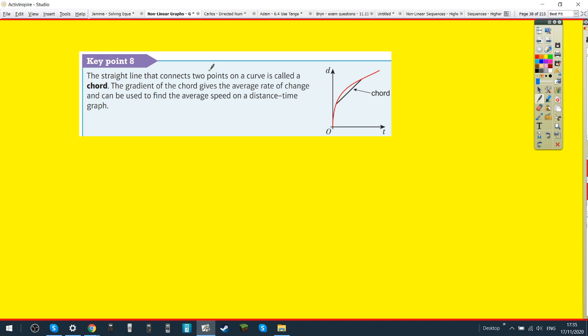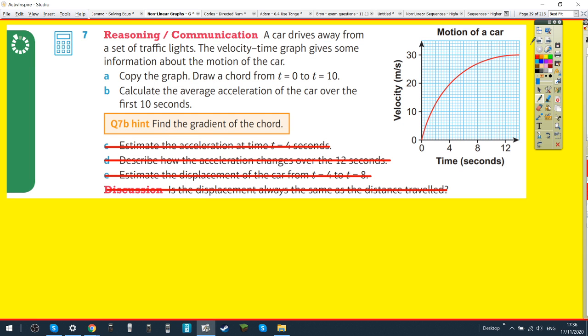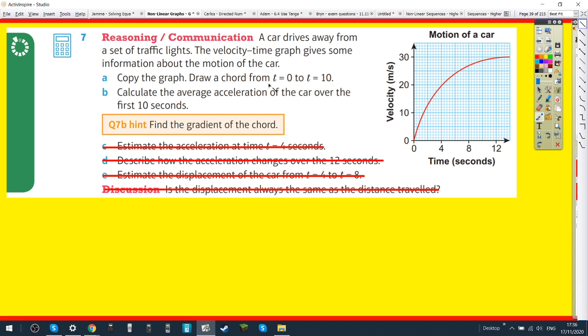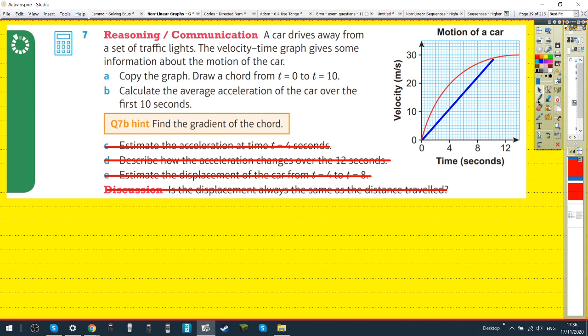Okay, the gradient between 2 points, you can sketch a chord and do it that way. So the gradient from 0 to 10. So that's 0, and 10 is halfway between those two. Okay. And how would you do question B?